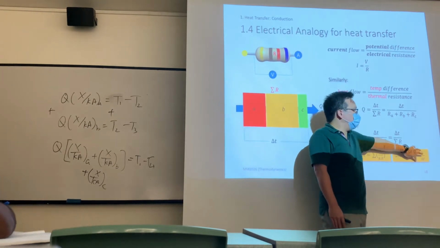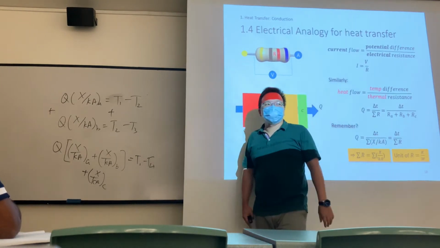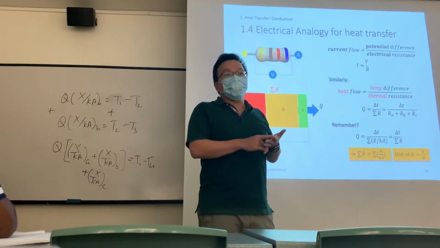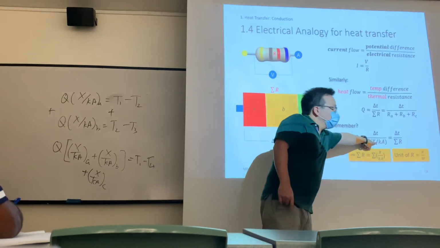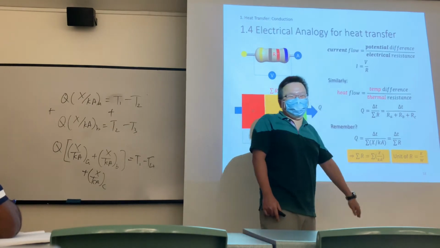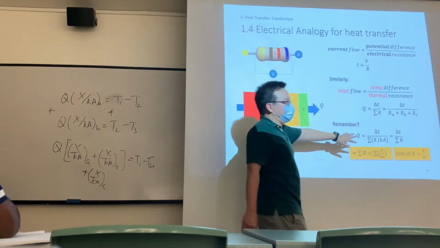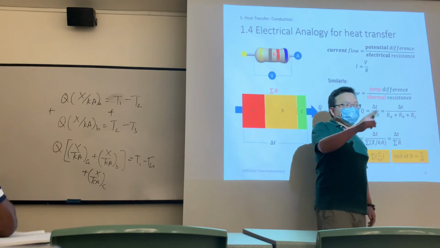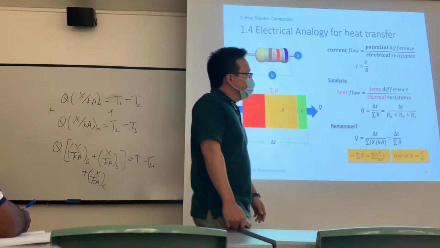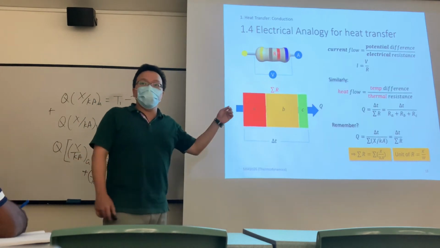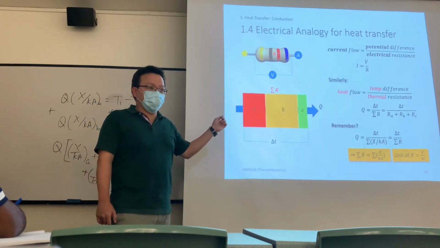Yes, temperature over what? Conductivity K is small k, you cannot differentiate. So if you don't remember the units, it's okay. But in the exam, you must put in the watts and the temperature. Okay, so we'll use that more later.